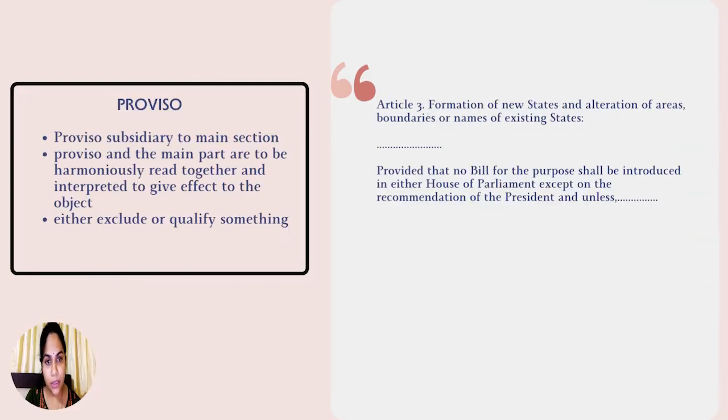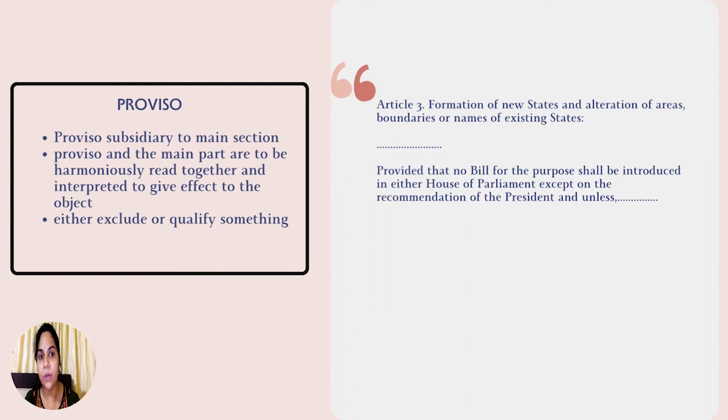The other basic thing which comes under Bare Act reading is the proviso. What is a proviso? A proviso is subordinate to the main section, right? The function of a proviso is to qualify something or to exclude something from what is given under the main provision. And it falls within the scope of that main provision.